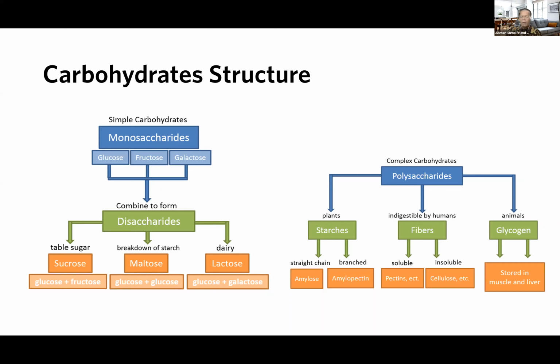In the simple carbohydrate, such as glucose, fructose, and many others, these monosaccharides can be coupled to one another to produce a disaccharide, for example, sugar and dairy and many others.